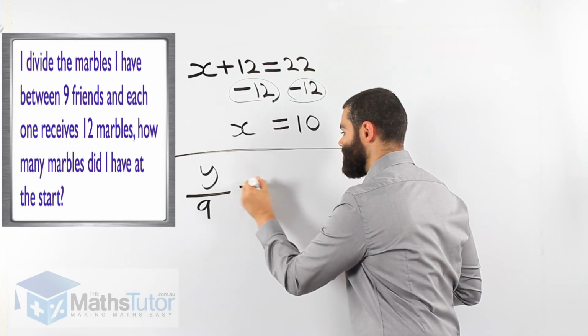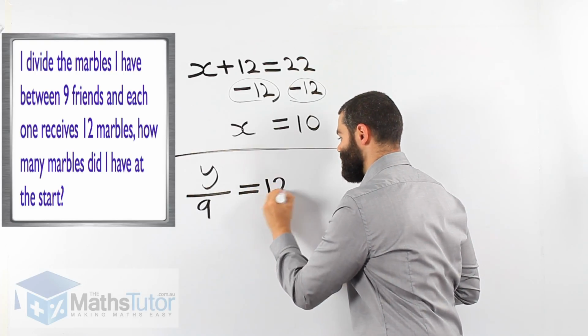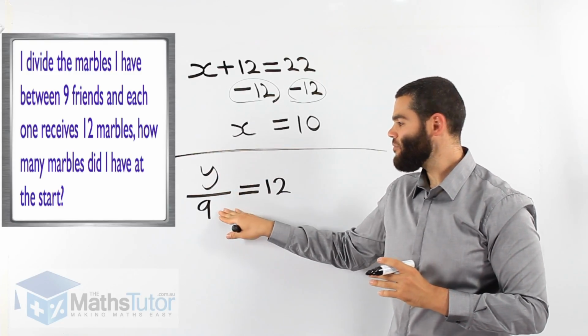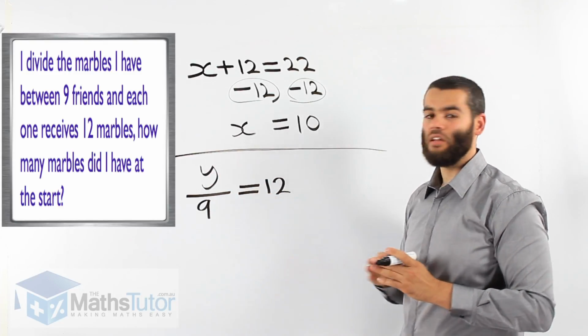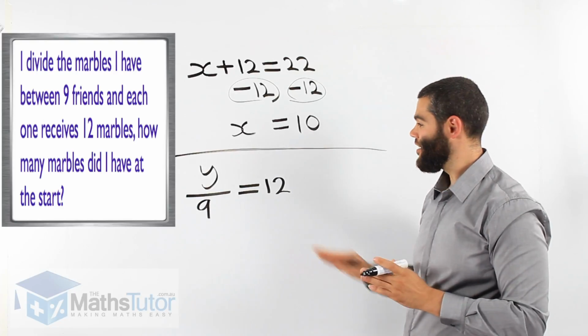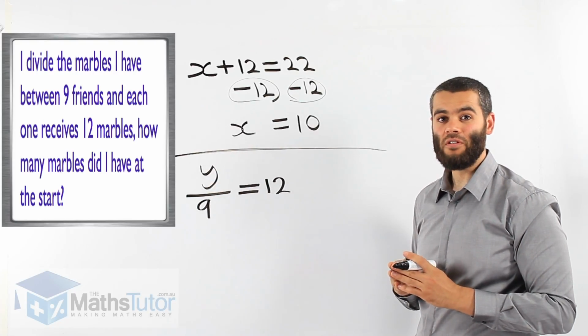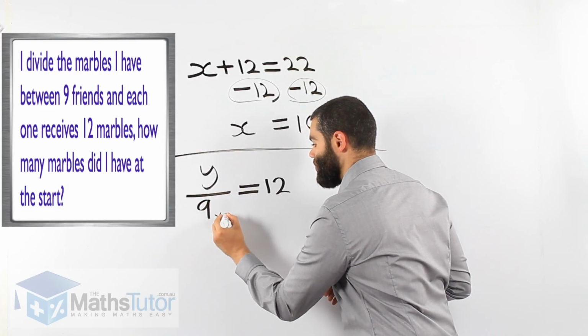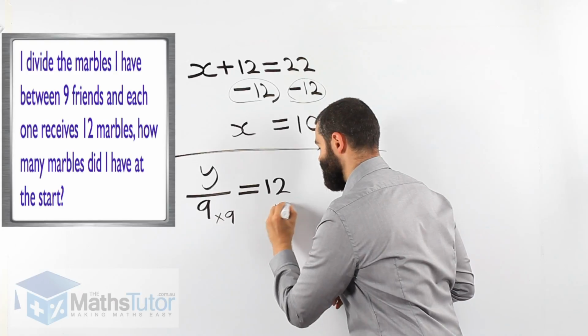And each one of them is going to get 12. All my marbles divided by 9 of my friends, each one will get 12 marbles. Well, we can see again this is a one-step equation. Well, we know divide, the opposite becomes times.